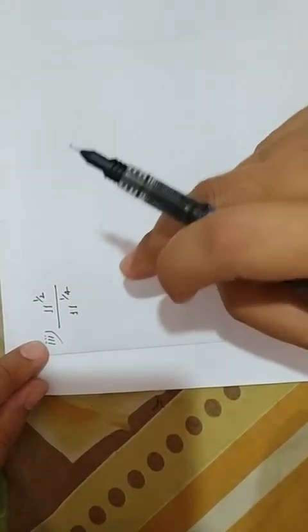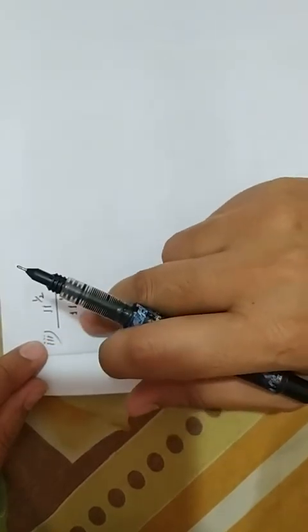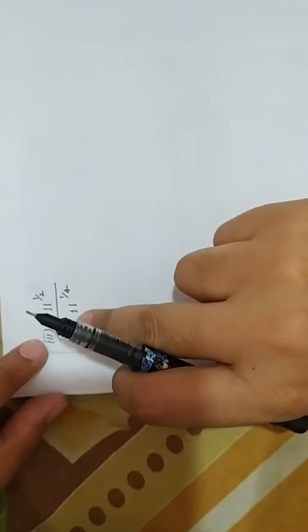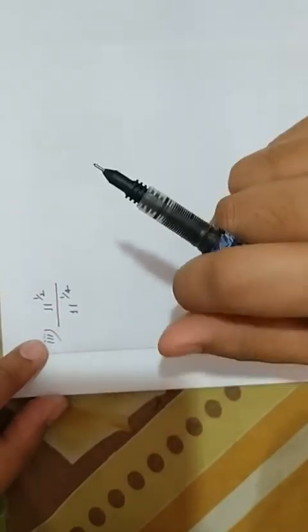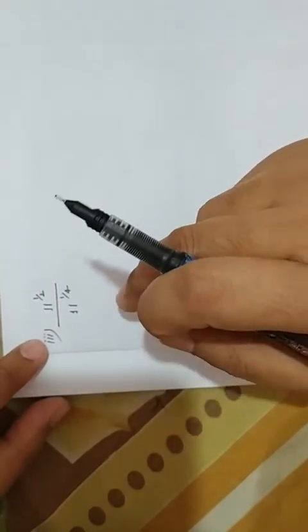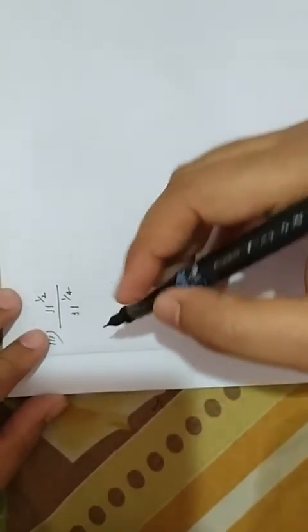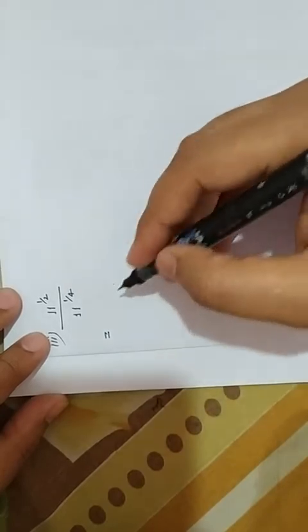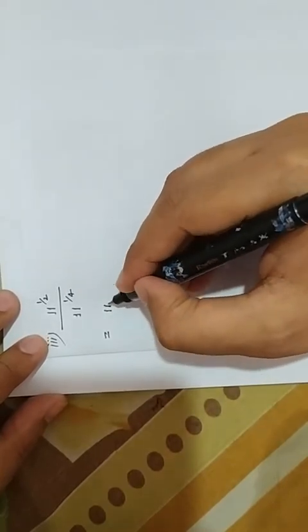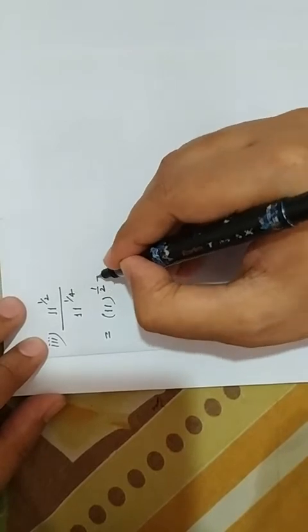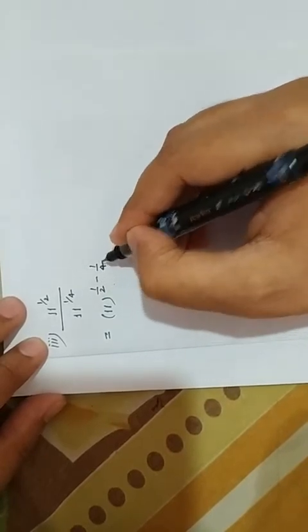You know the identity that if bases are the same and the relation between them is multiplication, we'll add the powers, and if their relation is division, we'll subtract the powers. So bases are the same, so 11 whole to the power 1 by 2 minus 1 by 4.